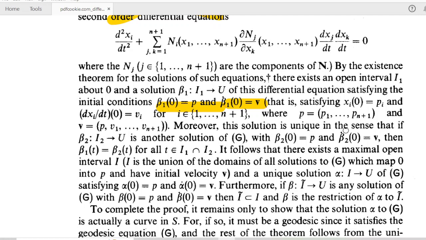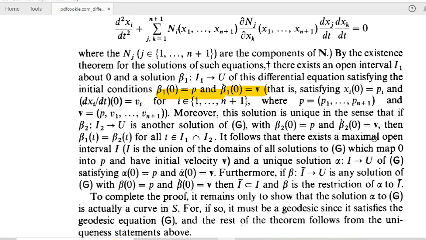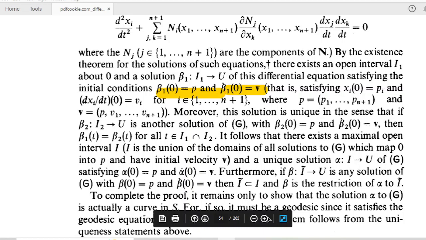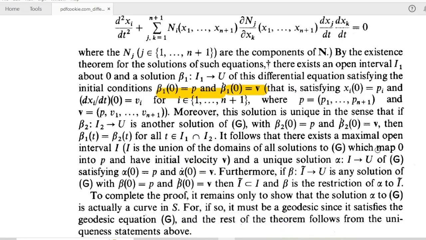And moreover, this solution is unique in the sense that if a solution beta 2 of 0 is equal to p and beta 2 dot of 0 equals the vector v. So clearly, we are using the existence and uniqueness theorem of Picard; if you have any doubt, refer to that particular theorem.